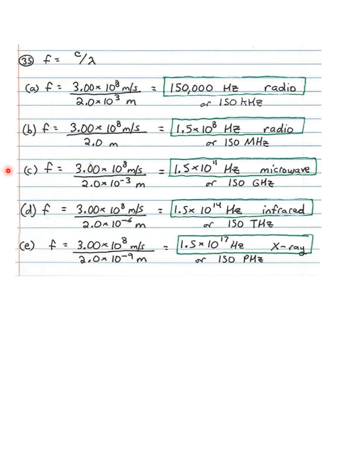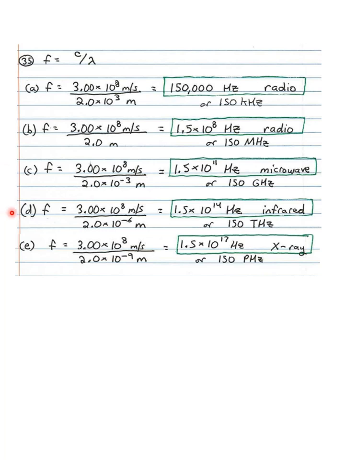For part C, we're going to divide the speed of light, 3 times 10 to the 8th meters per second, by 2 millimeters, which is 2 times 10 to the negative 3 meters. We get a frequency of 1.5 times 10 to the 11 hertz, or 150 gigahertz, and that's microwave.